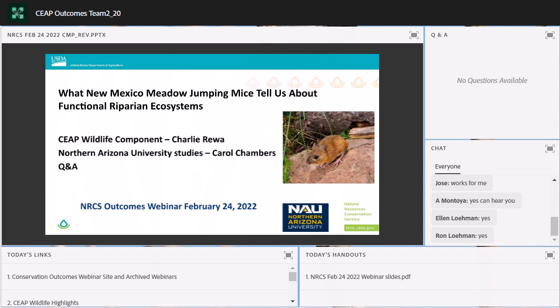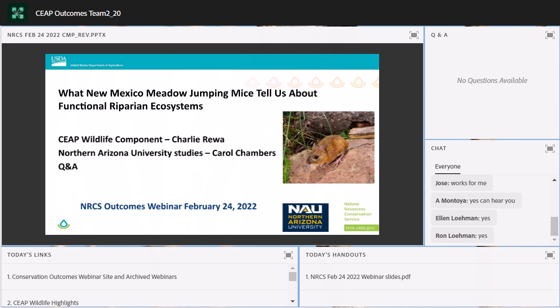Healthy southwestern streams and associated riparian habitat can tell us a lot about the condition of rangelands and wildlife. Today, we're excited to share a compilation of findings of studies supported by CEAP and other science collaborators in partnership with Northern Arizona University.